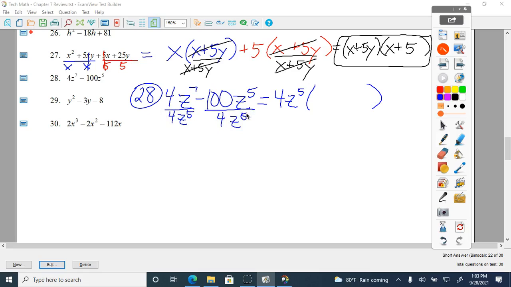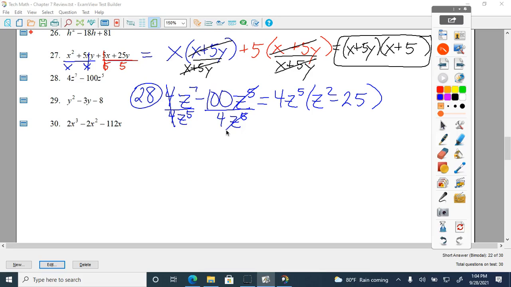All right. Divide both of those by 4z to the 5th. On the first one, the 4's cancel. Z to the 7th over z to the 5th is z squared. Negative 100 divided by 4. And the z to the 5th cancel.